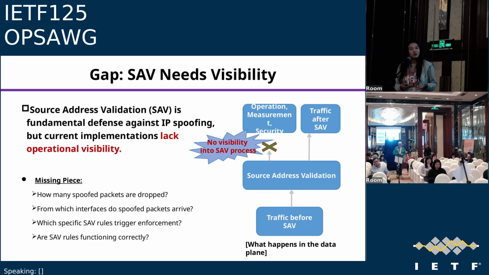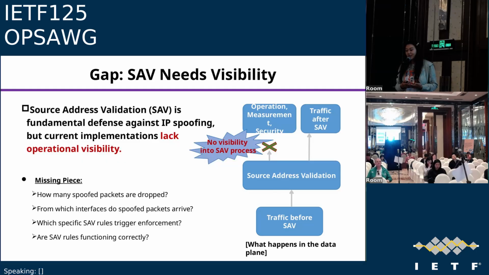The motivation of this draft is simple but significant. Source address validation, short for SAV, is a fundamental defense against IP spoofing, but currently implementations lack operational visibility. The router deployed with SAV determines whether the packets are legitimate or spoofed according to their source prefix.